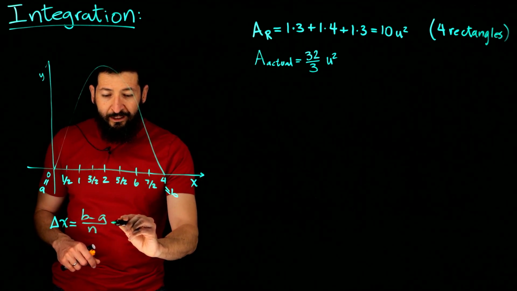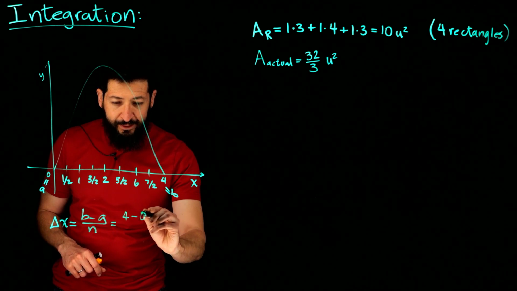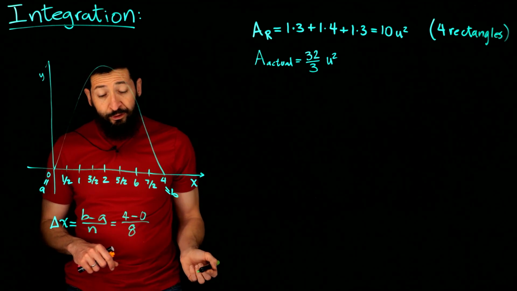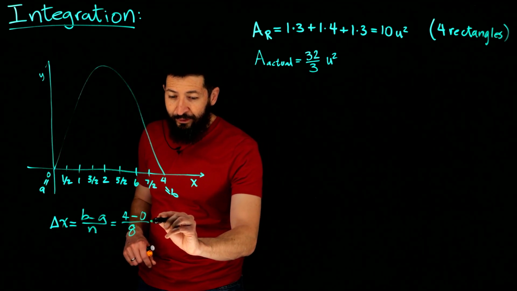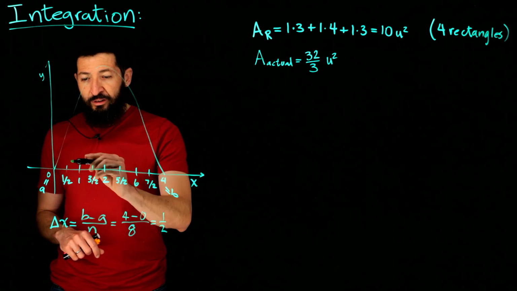In this particular case, we would have 4 minus 0 divided by 8 subintervals, and we got 1/2. That's why I made my partitions into halves.